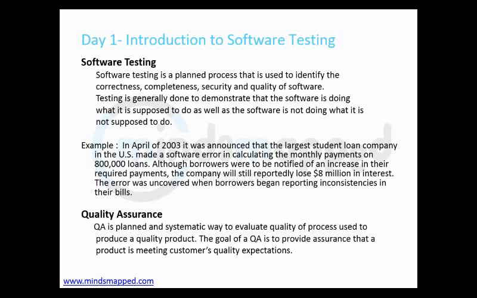Whatever requirements you are giving, the person developing the software needs to do everything. If something is missing, you will not accept it. So we need to make sure whatever expectation you have, everything is done properly. There we are doing quality assurance.